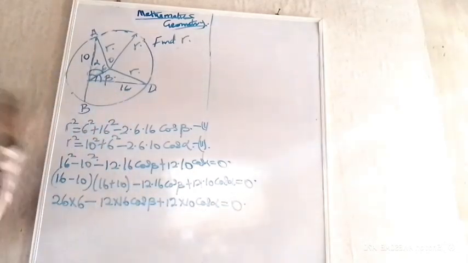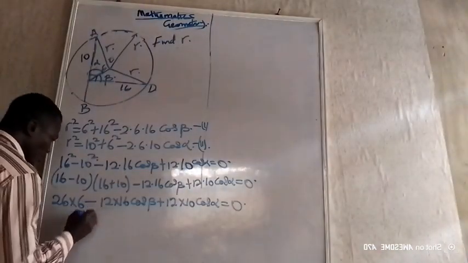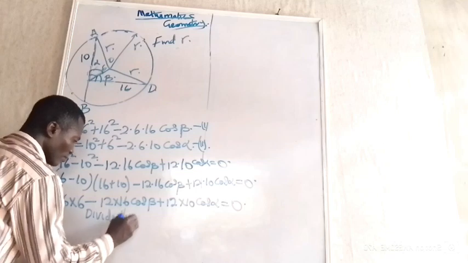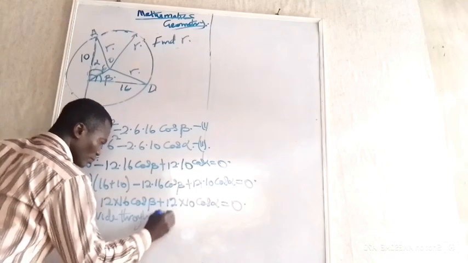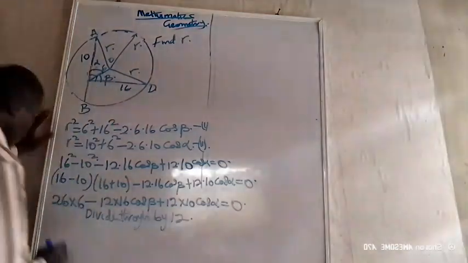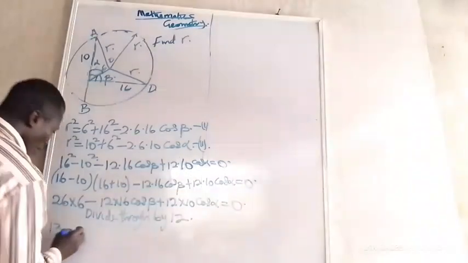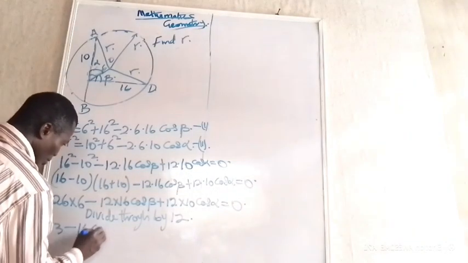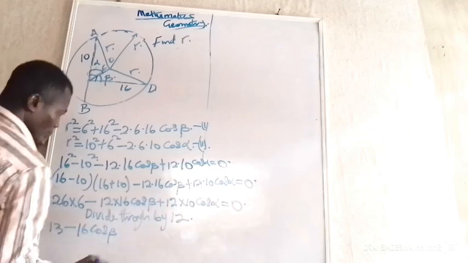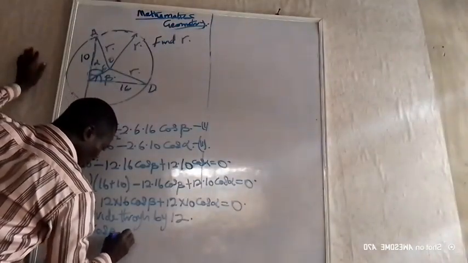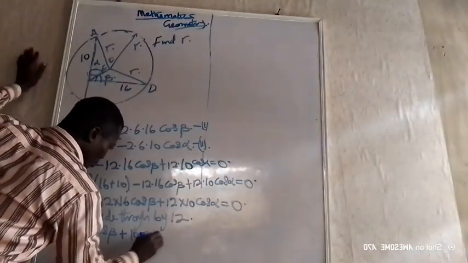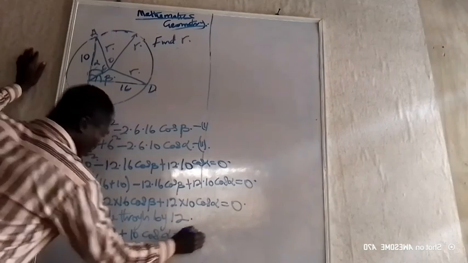So let's divide by 12. So this is going to give me 13 minus 16 cos beta plus 10 cos alpha equals 0.